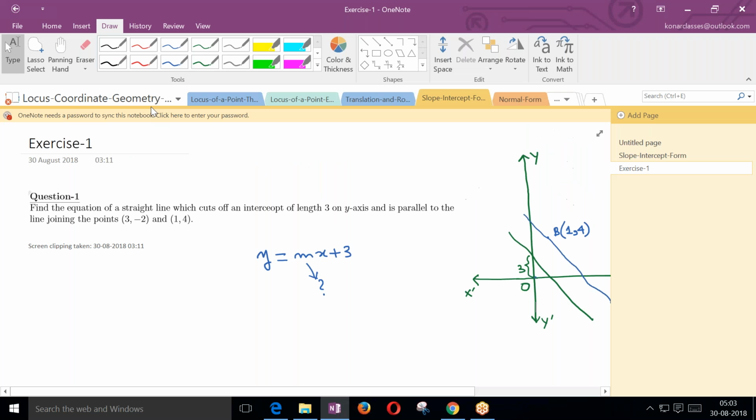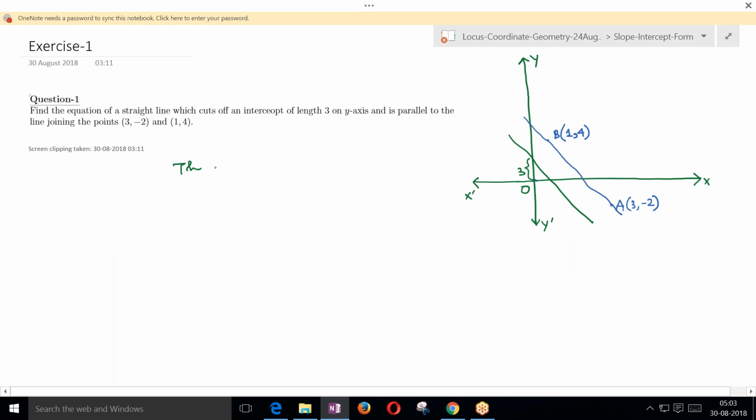So the required equation of the straight line is y equal to mx plus 3.